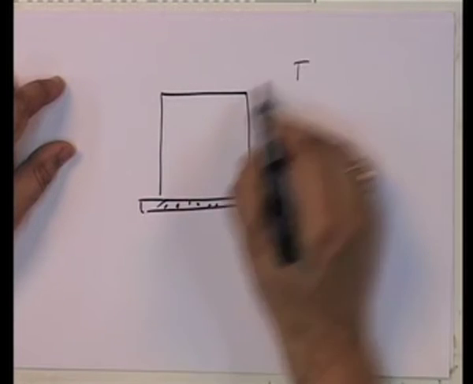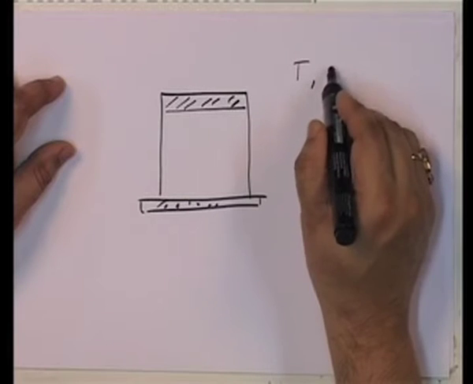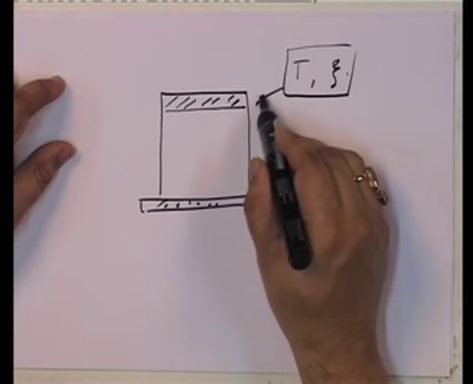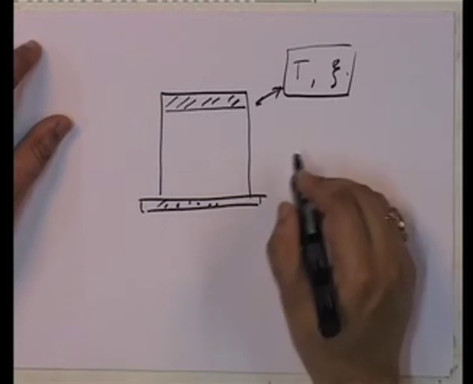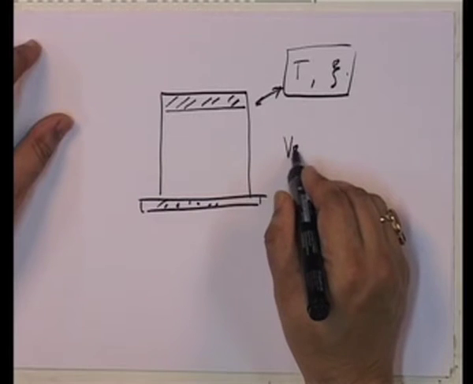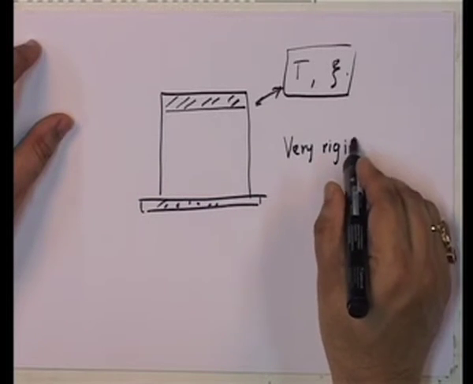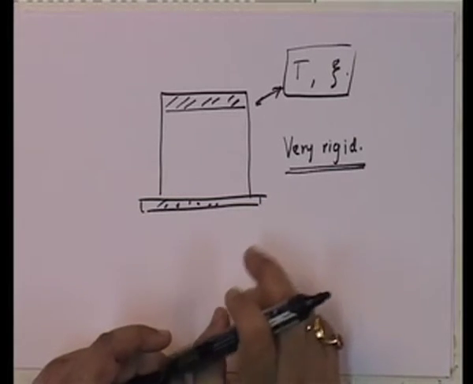This structure is defined through some T and xi. Let us assume that it is very rigid. Let us look at this.